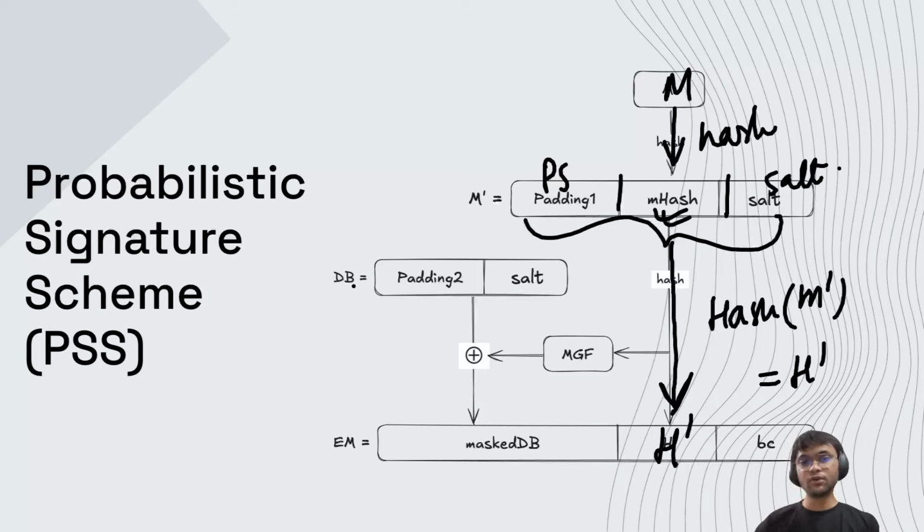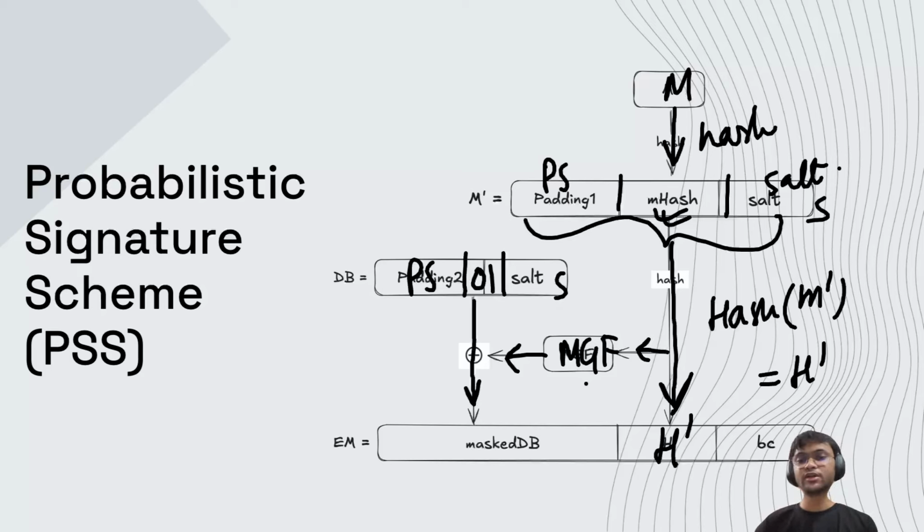Now, for our data block, we select another padding string PS and a salt value, the same salt value S. We may also have a delimiter here as 0x01, and that is masked by a mask that's generated with the MGF, the mask generating function. The mask generating function takes input H dash.